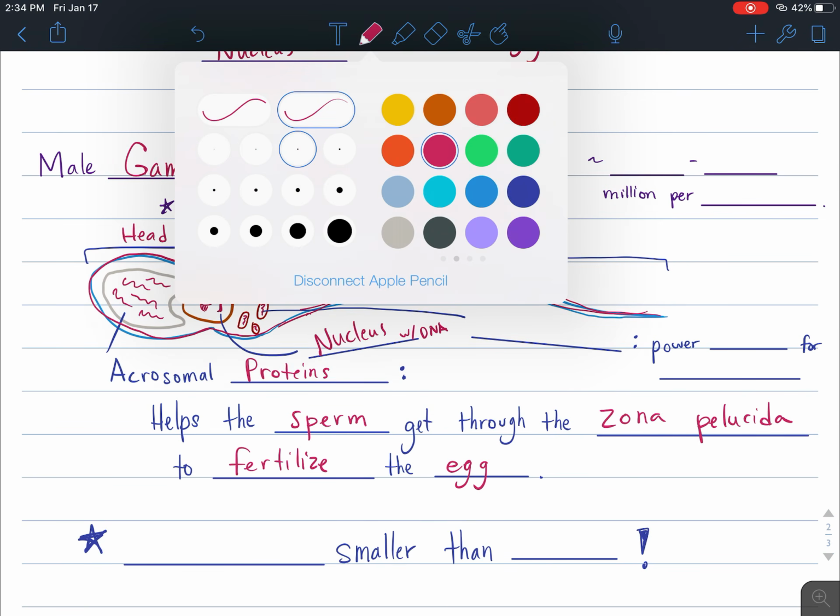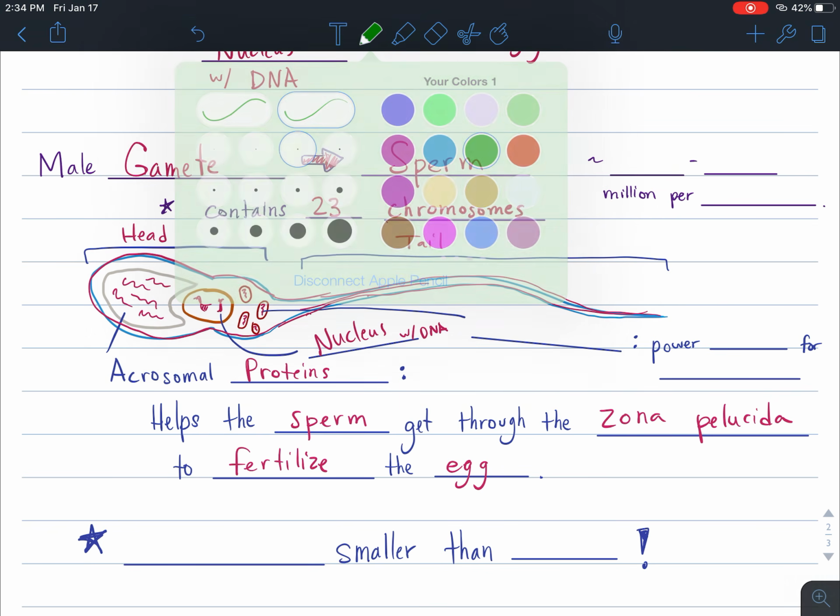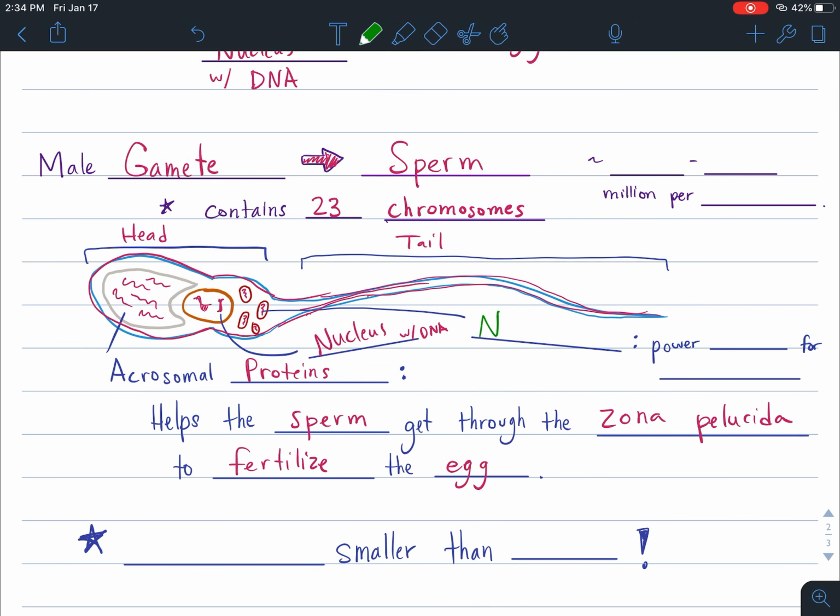Let's get a new color here. So when we look at the mitochondria, they're important, because the mitochondria's job is to work the tail, and the tail's job is to get that DNA inside of the egg. So the mitochondria power the tail for swimming. So these are mobile cells.